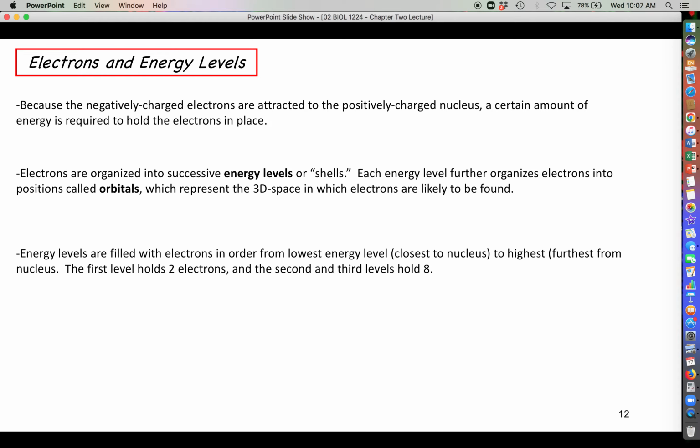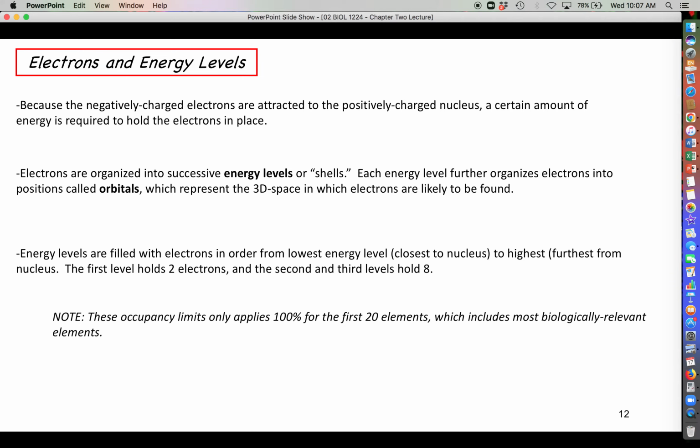So there are some rules that dictate how these energy levels get filled up. The first energy level is relatively small, and it can only hold a total of 2 electrons. The second energy level can hold up to 8, and so can the third energy level. The fourth energy level can actually hold more than 8, but what we're going to find is that in biology, we're really only going to be talking about the first 20 elements, which ends at calcium.